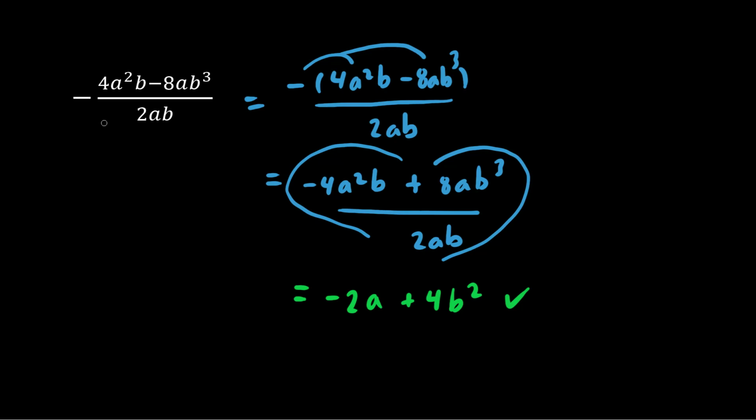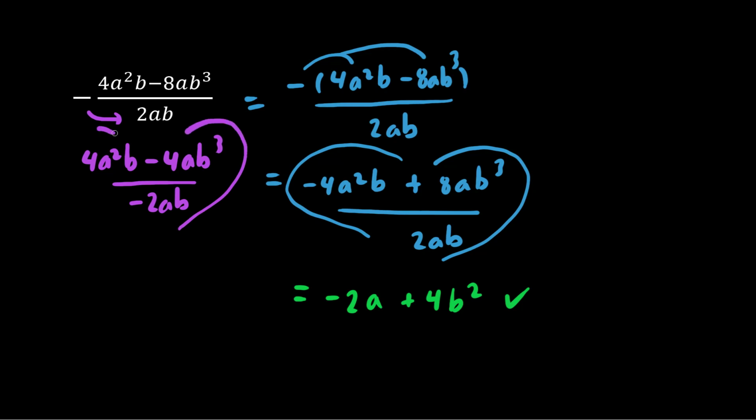Now let's try the same question again, moving this negative sign to the bottom. So we have 4a squared b minus 8ab cubed all over negative 2ab. This is also okay. We apply the heart of love, and we divide this way and this way.